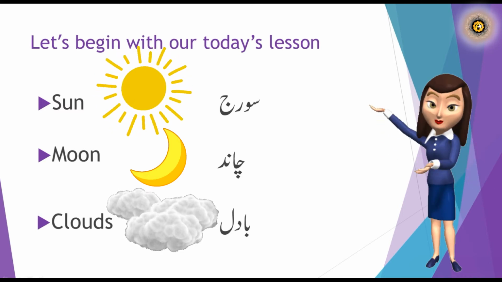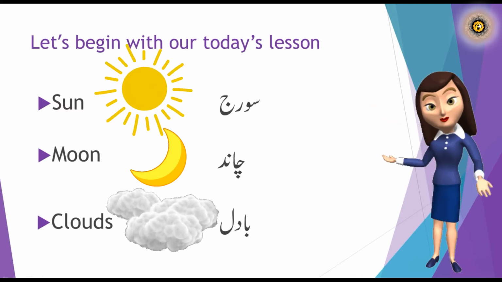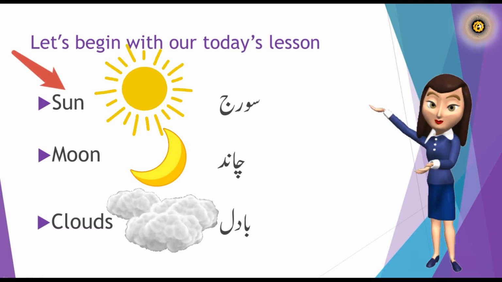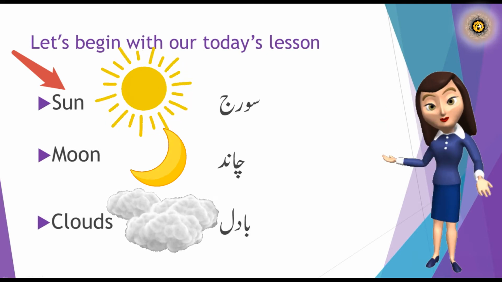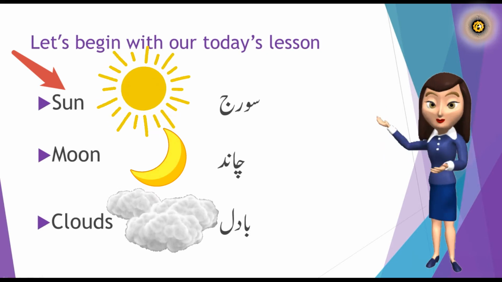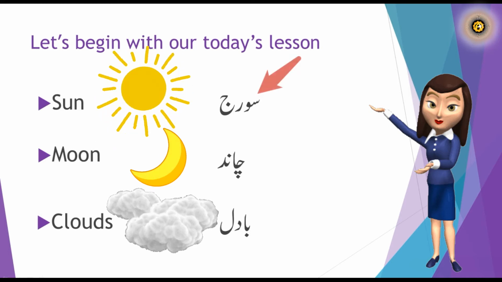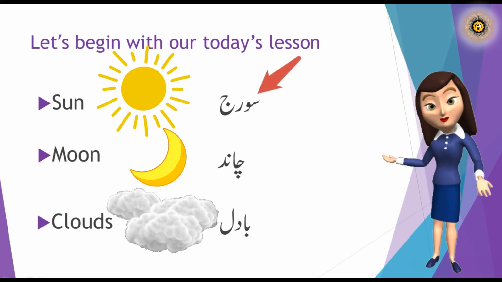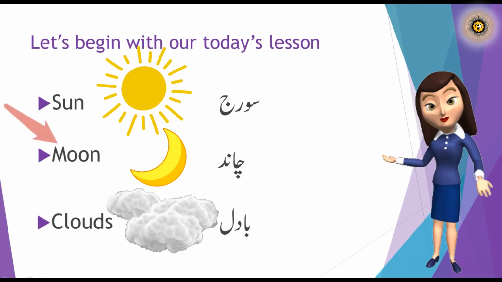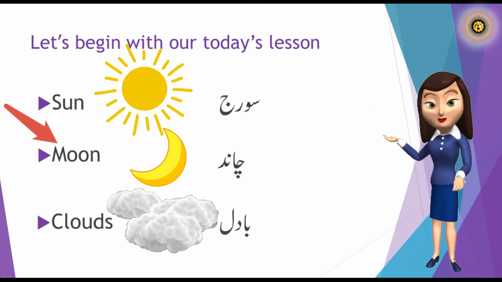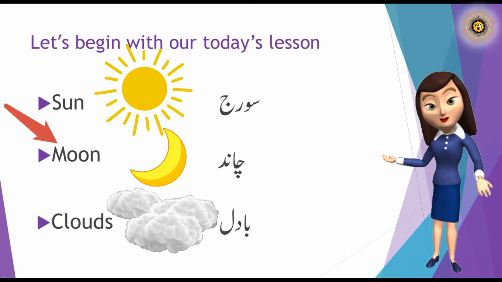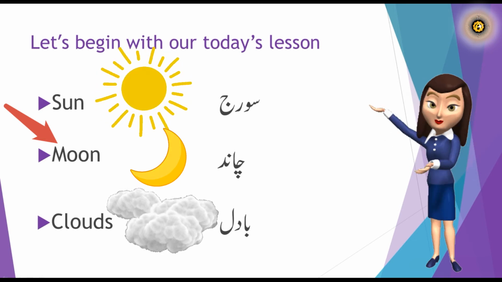Let's repeat these words one more time. Sun. The day begins when the sun rises, right? Sun in English, and in Urdu, Suraj. Moon. Well, when night comes, there is moon. In English, we say moon, and in Urdu, chand.